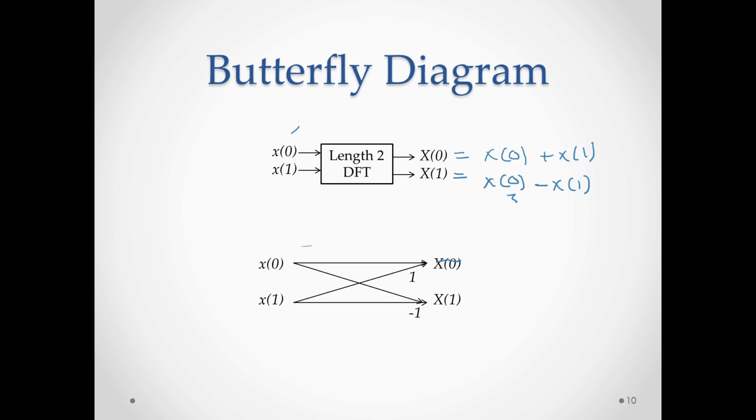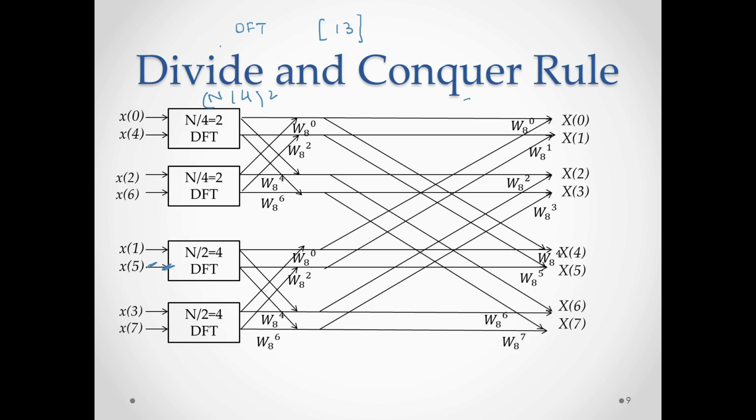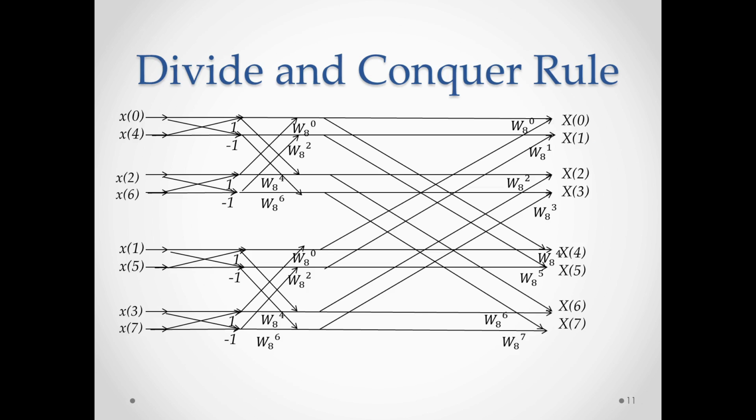So this is a plus 1 sign, so x0 plus x1, whereas our X1 term is equal to x0 minus x1, hence this minus 1 sign is used. So instead of using the 2-point DFT block in the previous butterfly diagram that we had drawn over here, we can replace all these 4 blocks with the butterfly diagram. This is how it would be drawn.